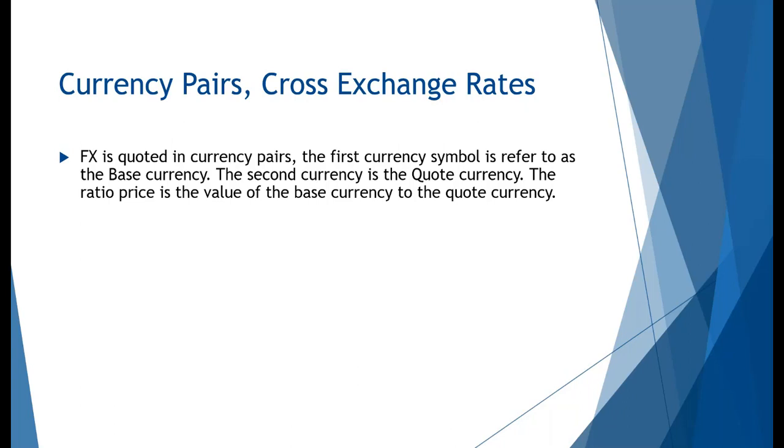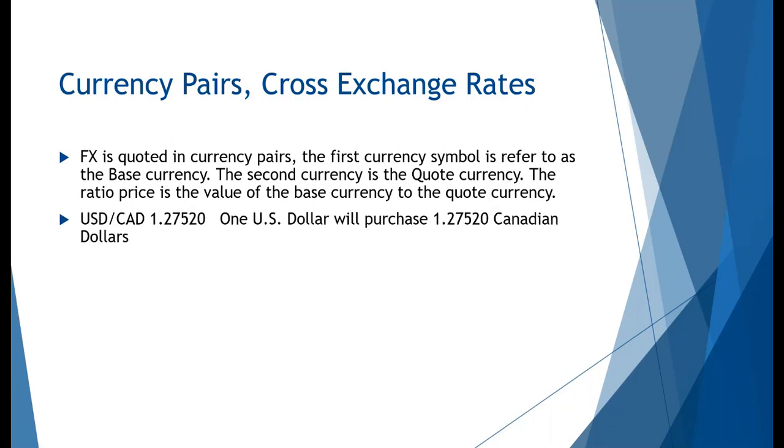We'll be looking at two different currencies. The first currency is referred to as our base currency, and then the second is our quote currency. So when we look at the price that is going to be quoted for us, it's what one base currency would be worth as it is to the quote currency.